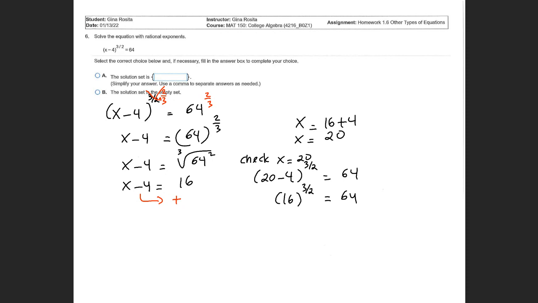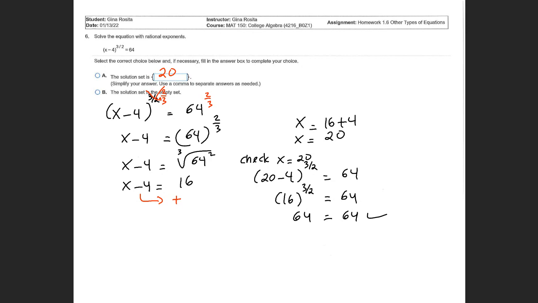So 64 equals 64. The answer is x equals 20. Write it down over here. Now go to the next one.